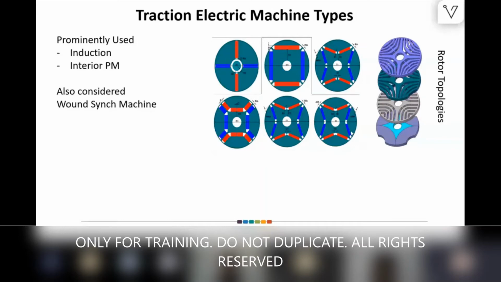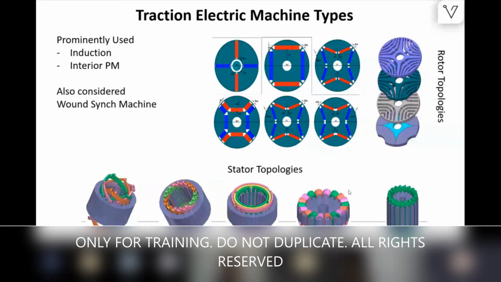When we do a deep dive, we will see which part has more mechanical stresses, which part will fail, and what limitations come from the rotor design when we talk about the top speed of the vehicle or the maximum speed of the machine.